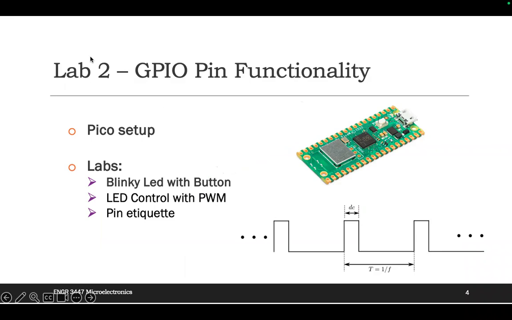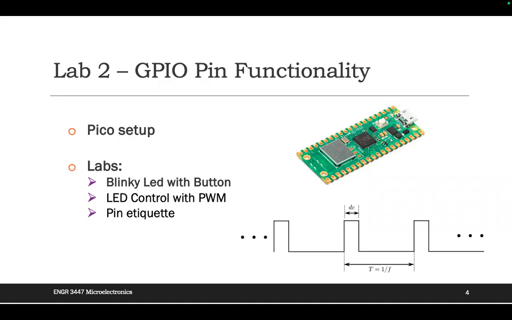Okay, and lab 2, we focus on the GPIO pin functionality. After we finish all the labs in this semester, you will find mostly we use different pins and consider different pins as output or input, and then read some data, deal with those data and output something.